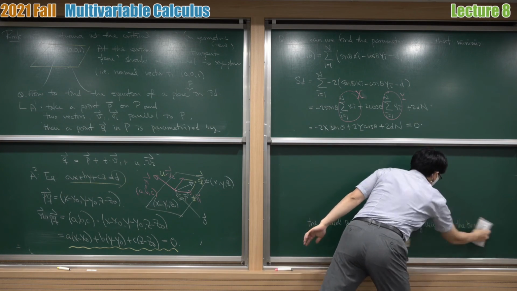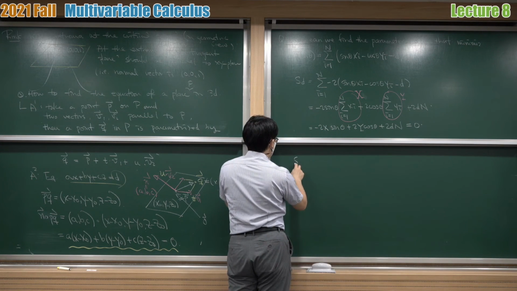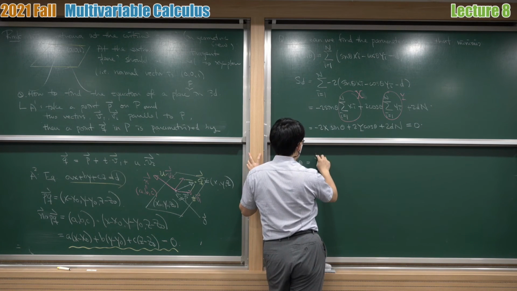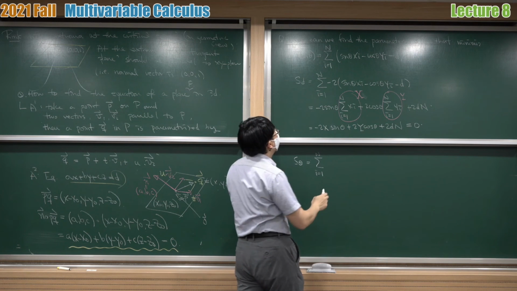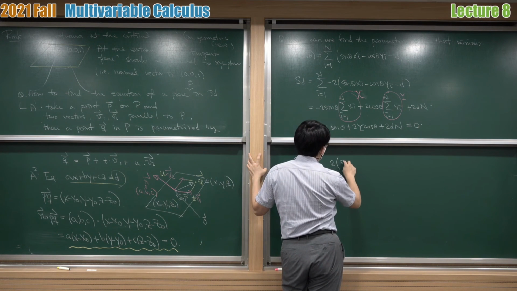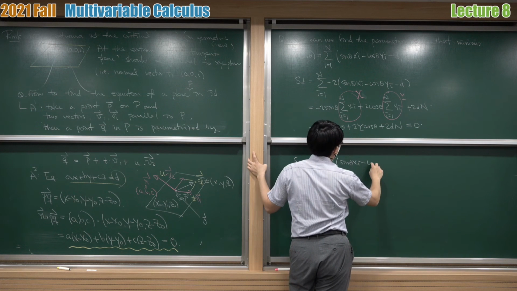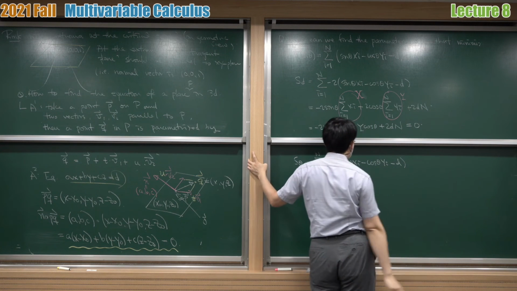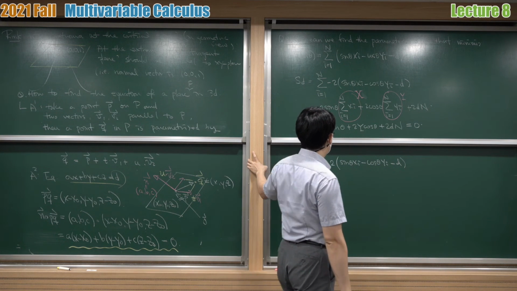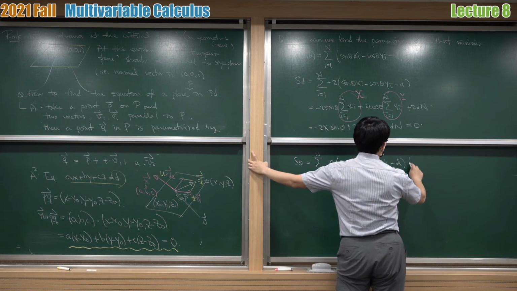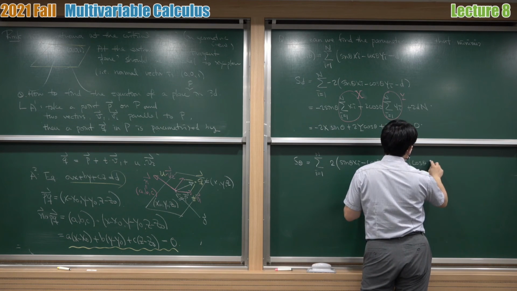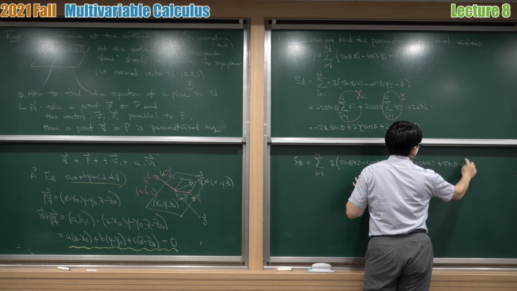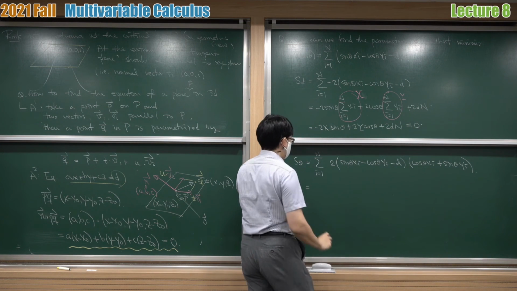And let's take the derivative in terms of theta. By a similar method, we have the sum from i equals 1 to n, and take the derivative for each summand. So 2 times (sine theta xi minus cosine theta yi minus d), and inside we have cosine theta xi plus sine theta yi. I think we need a little bit more calculation.